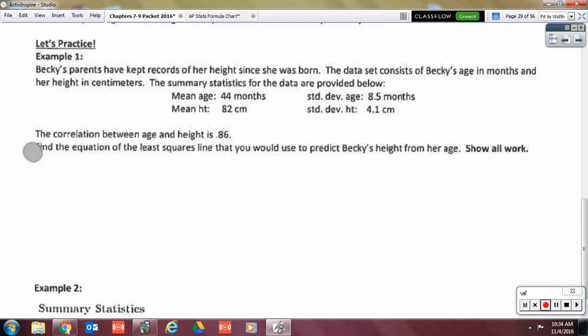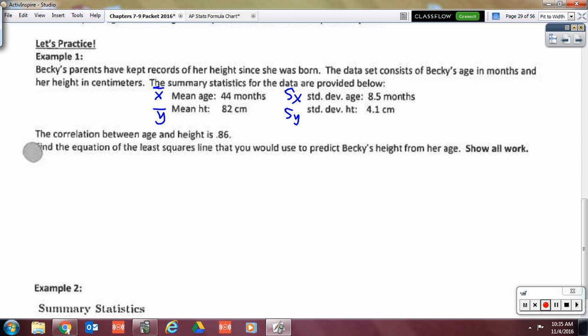Of the age and height, which one do you think is the explanatory variable? The x's. So we have the age, the mean of x and the standard deviation of x, and for the height, the mean of y and the standard deviation of y.